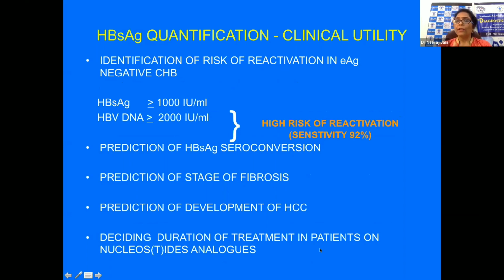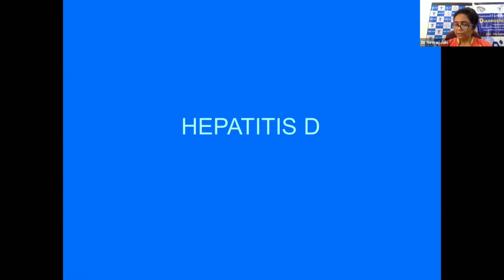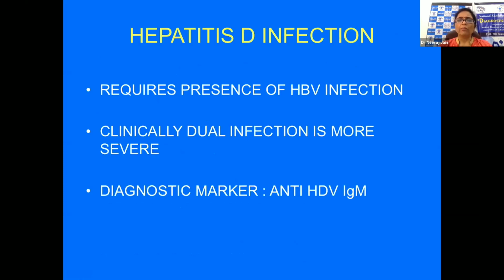Because in interferon, we had a starting point and an end point, but in these nucleotide analogs, which we are nowadays using in HBV treatment, we can use HBs quantification. So we need more data to put this quantification in guidelines. It will come, and it is a very simple test. Now coming to hepatitis D, this is basically an incomplete virus, nothing much to say about this.